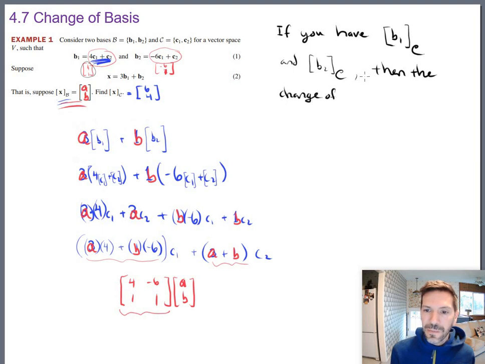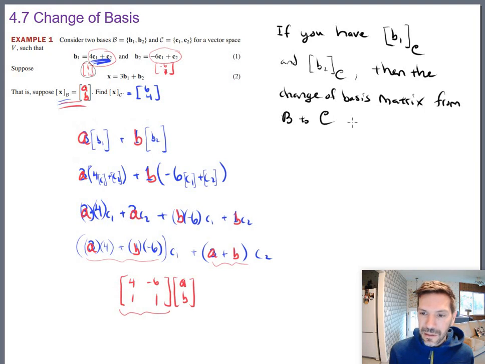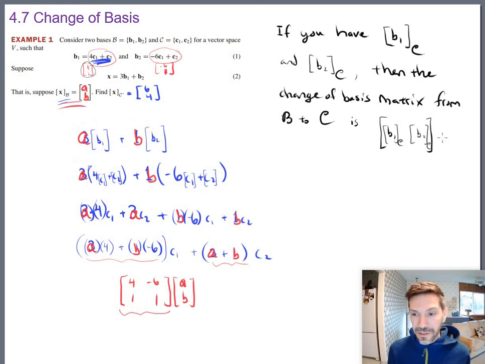Then the change of basis matrix from B to C is these two things, right? Is the B1 in terms of C and the B2 in terms of C.